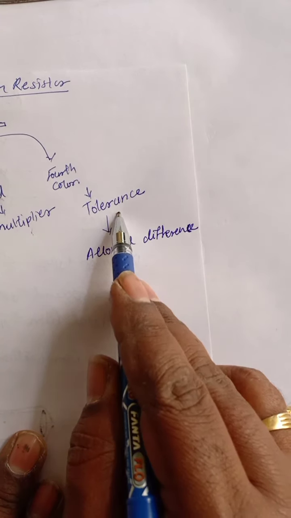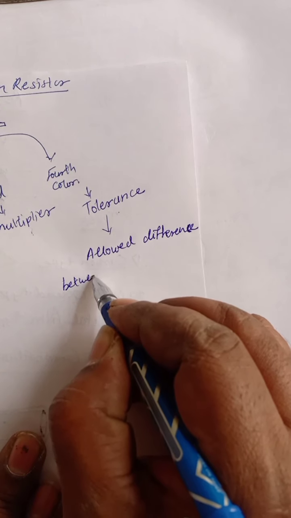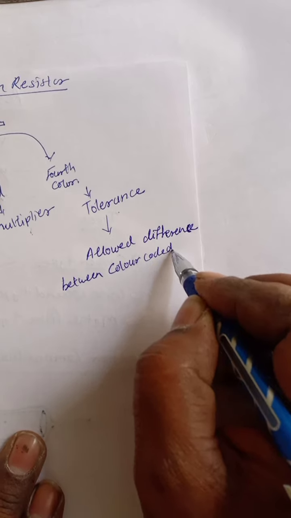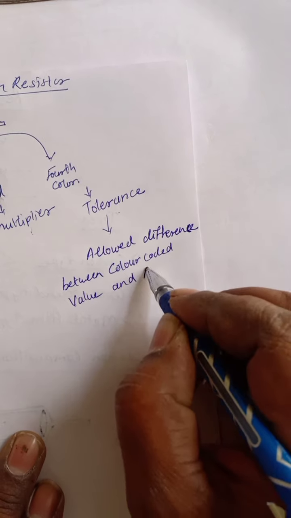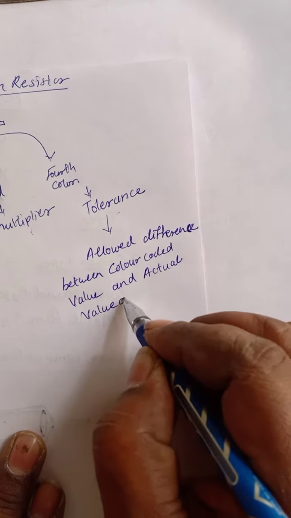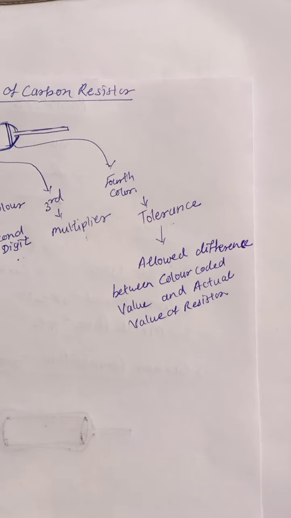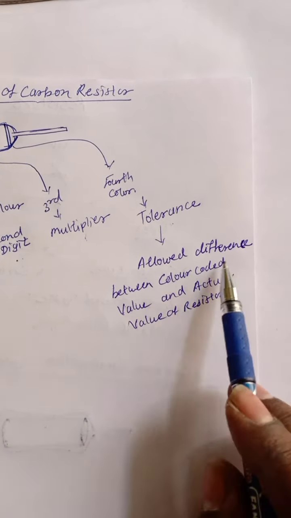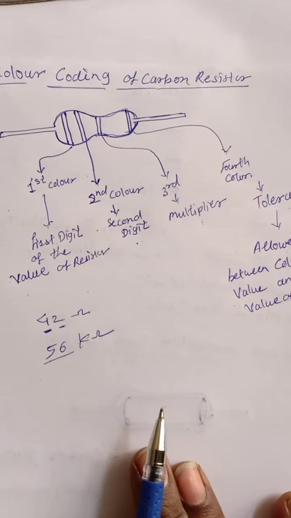So tolerance means the allowed difference between the color coded value and the actual value of the resistor. What does it mean?